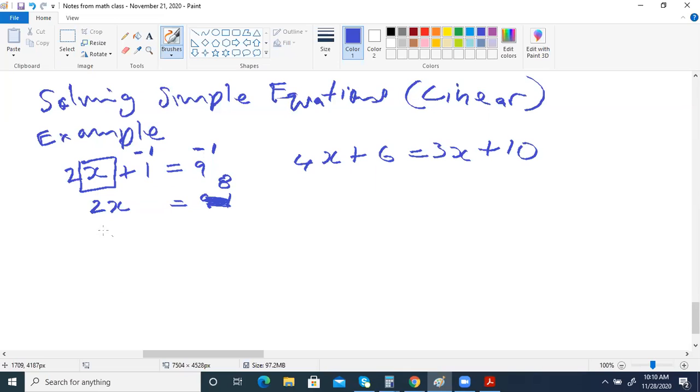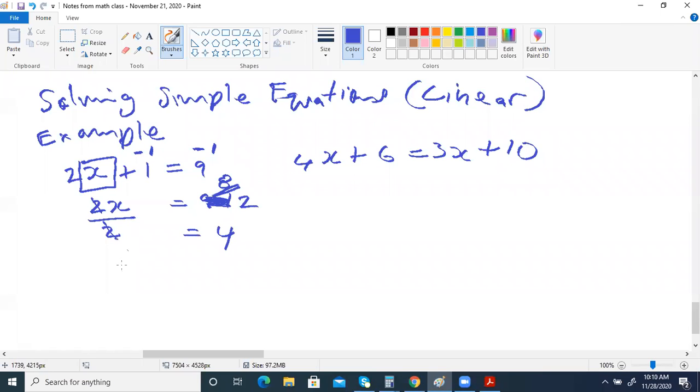Remember we want to get x by itself, so that 2 is beside it. And we know the best way to get rid of this 2 is to divide by 2, because 2 divided by 2 cancels. But whatever we do to this side, we have to do to the other side, so we also divide this by 2. And then this becomes 4.